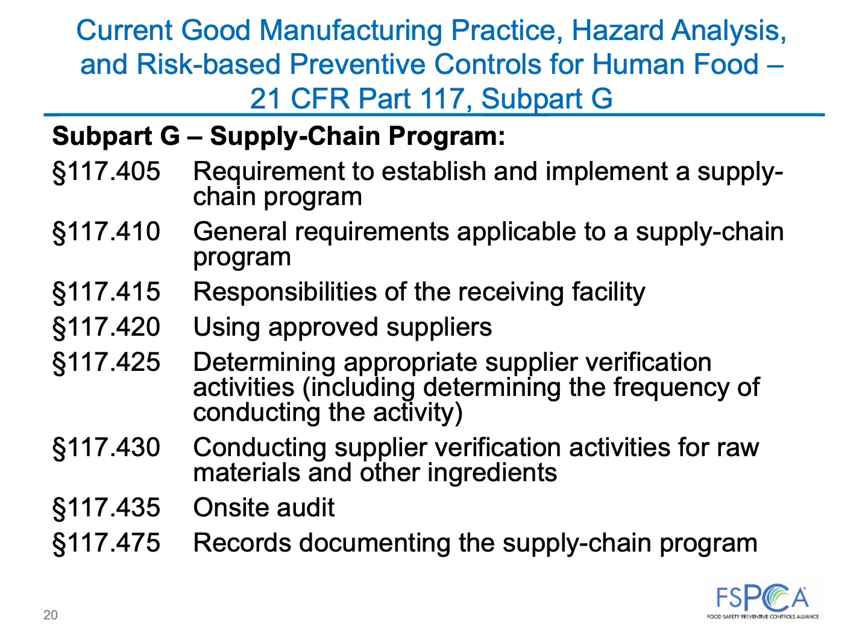Hazards requiring a preventive control, for which the facility relies on supplier controls, are managed through the facility's supply chain program. 21 CFR Part 117, Subpart G covers requirements to establish and implement a supply chain program: general requirements, responsibilities of the receiving facility, using approved suppliers, determining appropriate verification activities, conducting those activities, on-site audits, and records required for the facility's supply chain program.